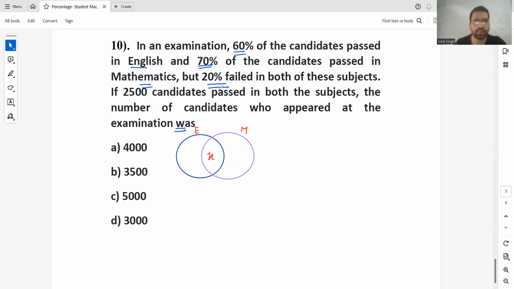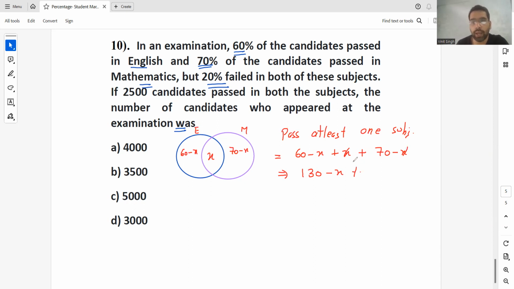Now 60% of candidates pass English, here we will take 60 minus X, mathematics 70, 70 minus X. So passed at least one subject is equal to 60 minus X plus 70 minus X. X cancel. Here we will get 130 minus X. 130 minus X% are those students who are passing at least one subject.